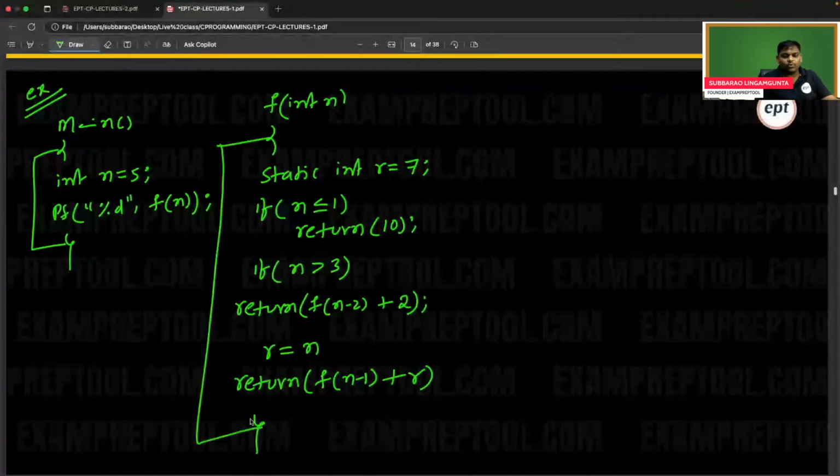Try to find what is the output of this program. It's a very tricky problem. Let's try.